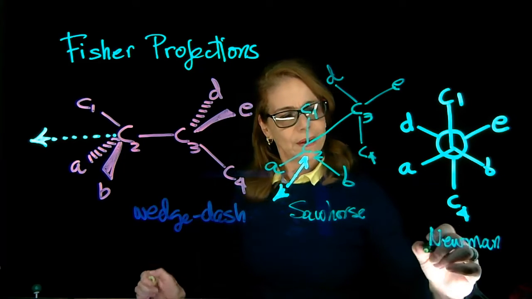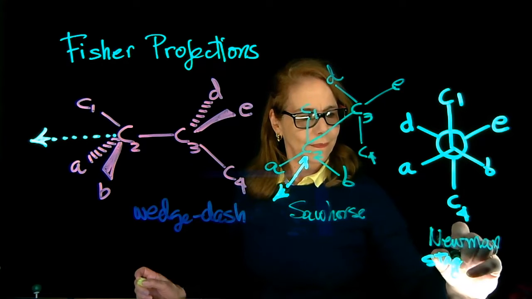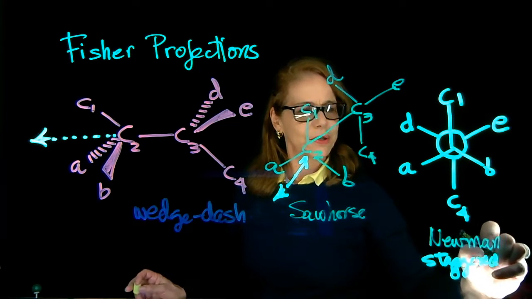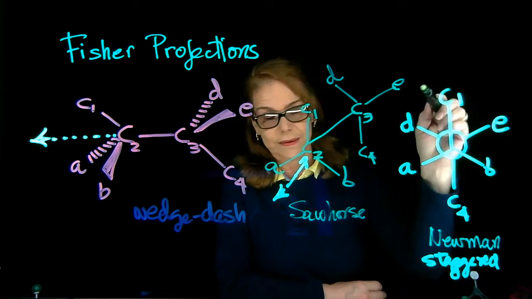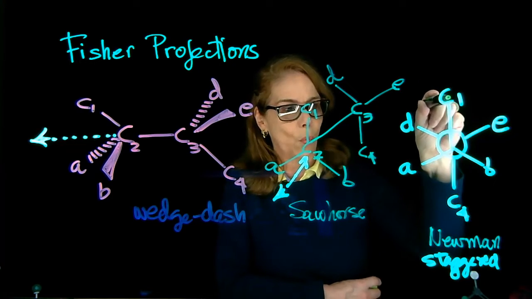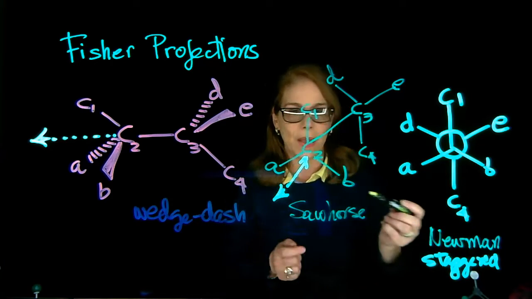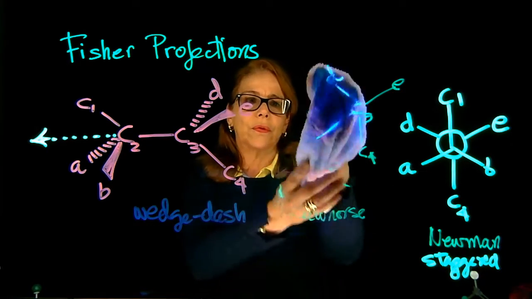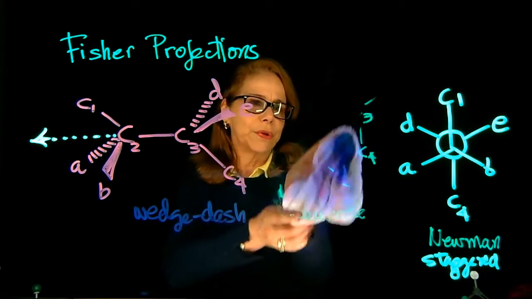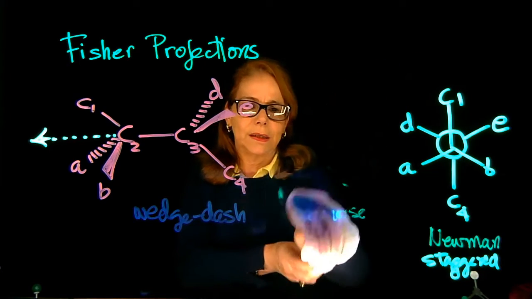This one is actually a staggered conformation, you see. For example, the dihedral angle between carbon 1 and 4 is 180, they're opposite, right?